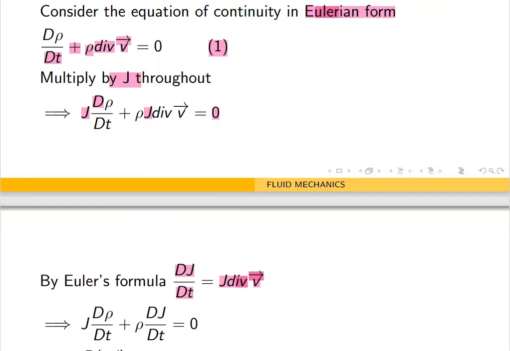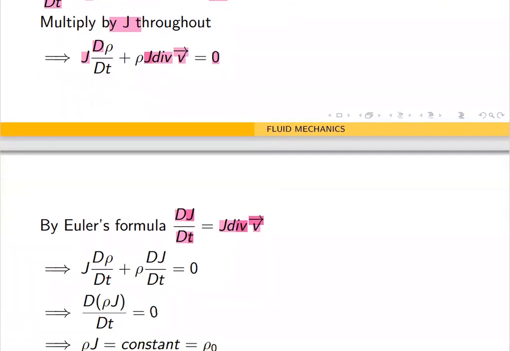So in the place of J divergence v, we put dJ by dt. So the first term as it is, plus rho dJ by dt equal to 0.